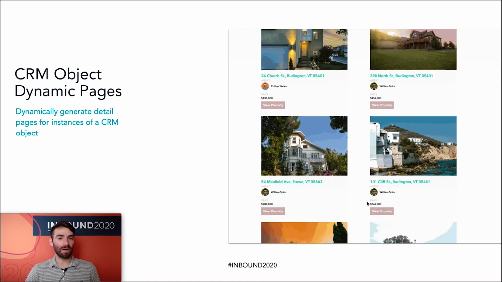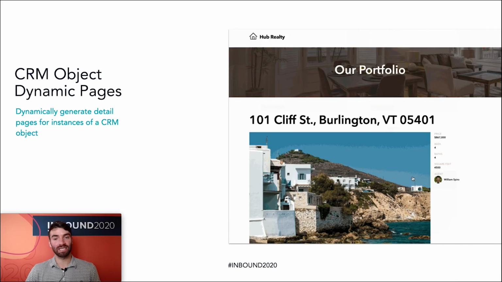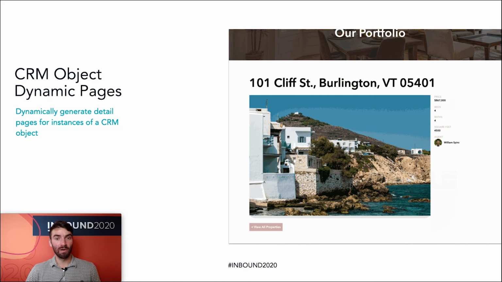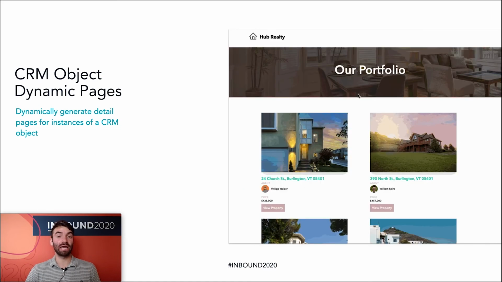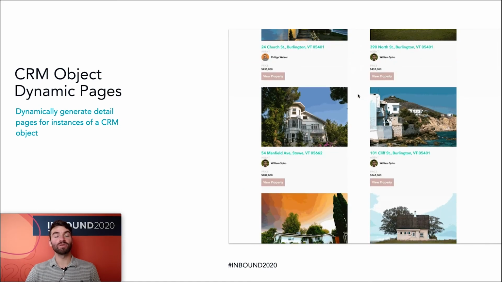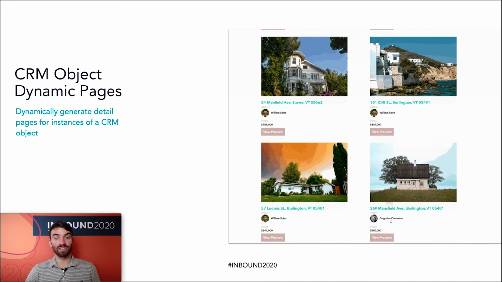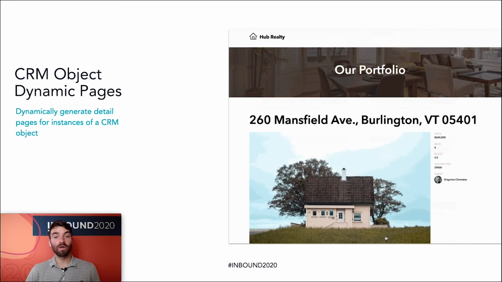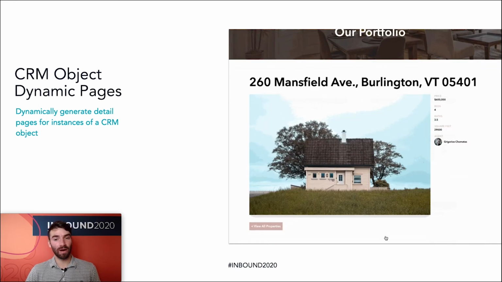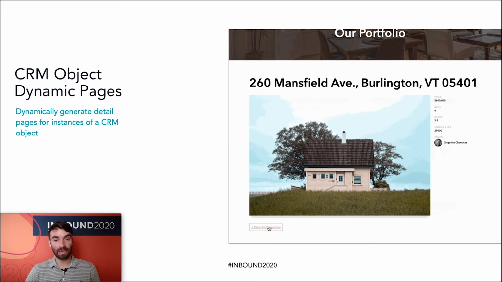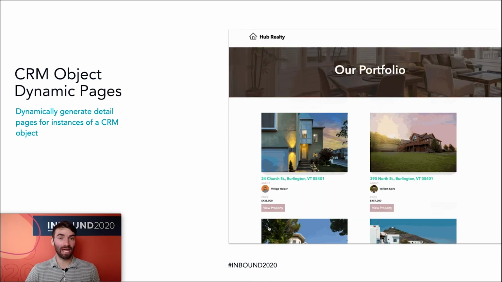We're actively working on a concept of CRM object dynamic pages, similar to HubDB dynamic pages, where you can select a CRM object type as a data store, and we'll dynamically generate the detail pages for you. That way, they'll all have their own unique URLs for each instance of the data type, and you can view the reporting and analytics for that particular page.